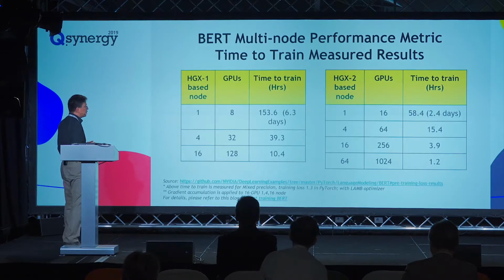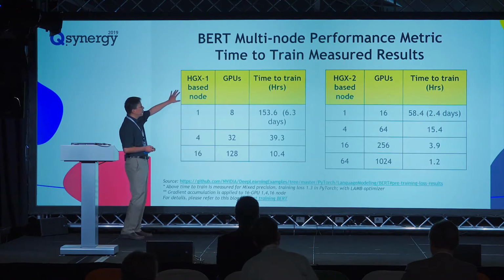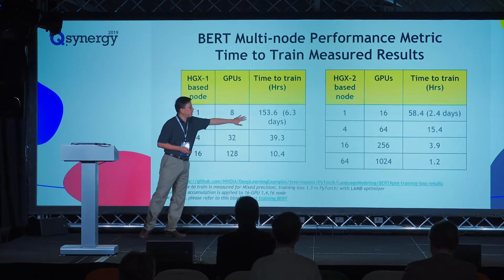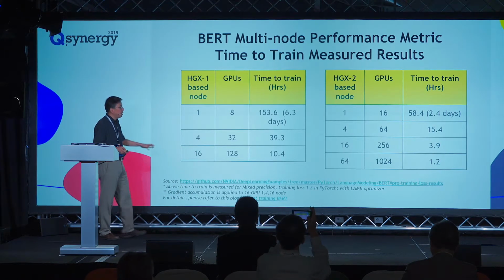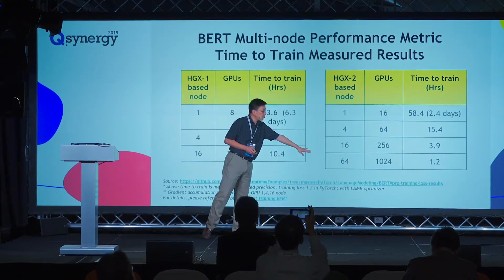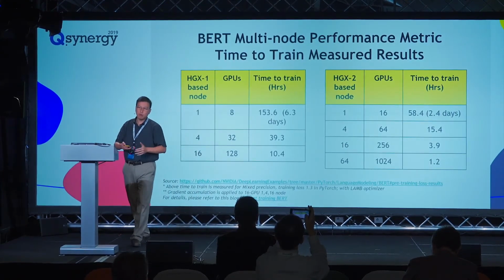And then in terms of time to train, based on the resources that we have, if you use a single 8-GPU node, even with 8 powerful GPUs, just to train the model for one pass takes about 153 hours. So that's basically 6 days. But if you build a cluster and use up to 1,000 GPUs, our recommendation, then you can take that 1 week of training down to 1.2 hours.